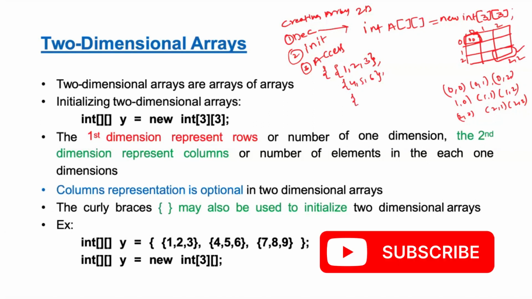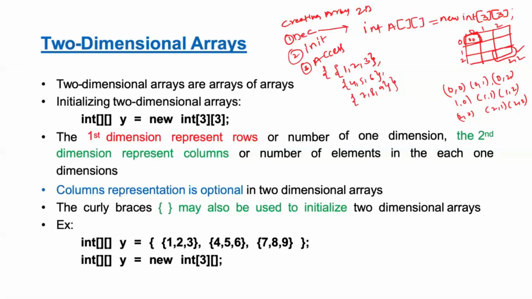And third row, 7, 8, and 9. So 1 will be stored here, 2, 3, 4, 5, 6, 7, 8, and 9 is stored here. Understood? So this is how the declaration and static initialization will be done.